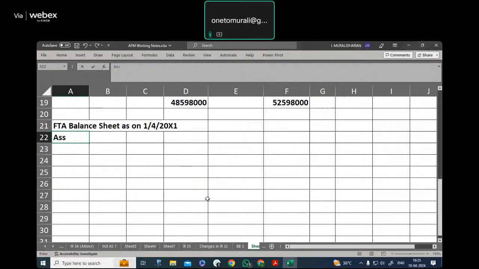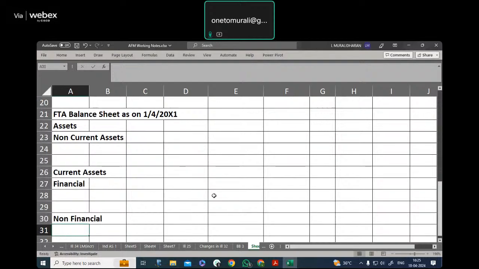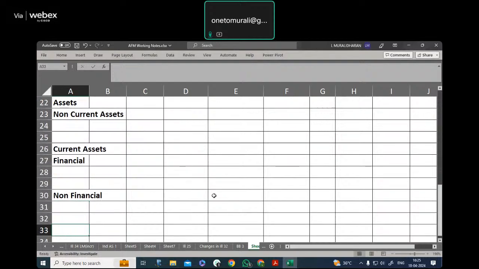So asset side, non-current assets. Then current assets, financial, non-financial. Then you have equity and liabilities.